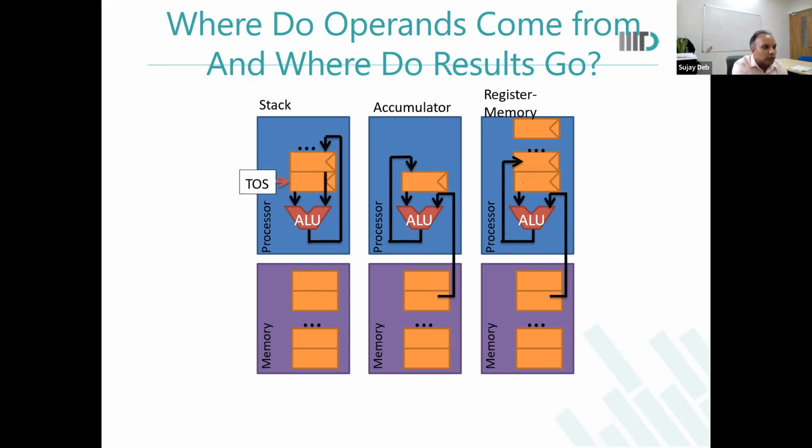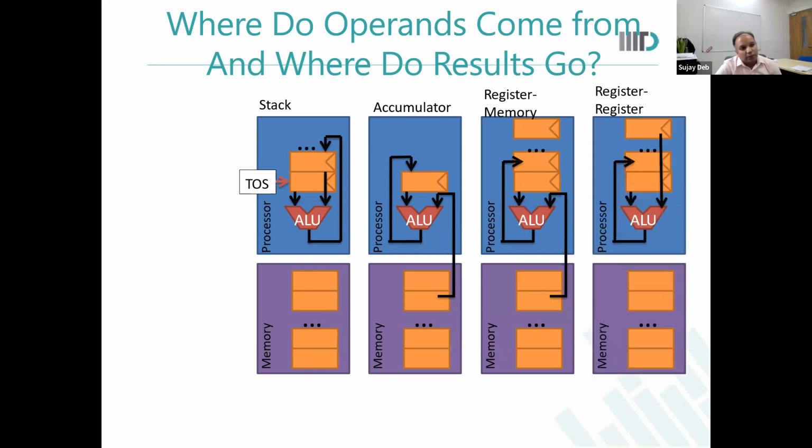If your result gets stored in the same register, then you do not have to explicitly mention the destination register. But if it is not so, then you have to explicitly mention the destination register. And then the fourth model is called the register model, which is more popular. Here all the operands are coming from registers, and the result is also stored in a register.